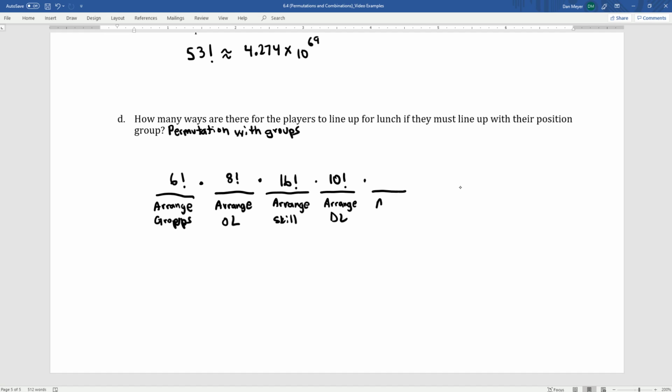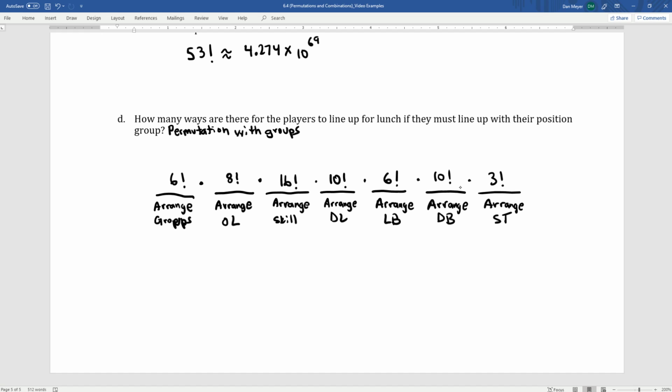Then we're arranging our linebackers. There's 6 linebackers, so 6 factorial ways. And then we'll arrange the defensive backs. There were 10 defensive backs, so 10 factorial ways. And then we have to arrange the special teams players. There were 3 of those, and so 3 factorial ways to get that job done.